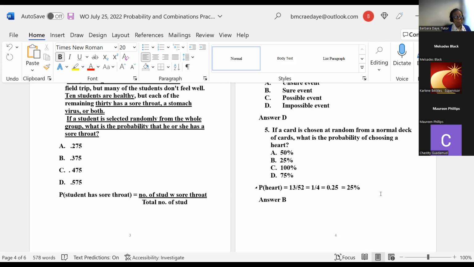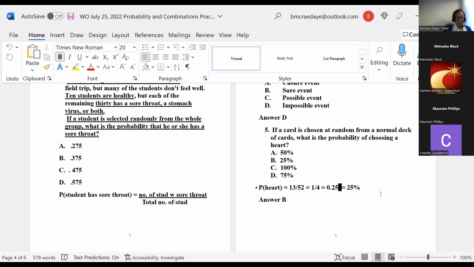Remember I told you to be familiar with the deck of cards? You can always go to the internet and they'll explain it to you. Any questions on number 5?